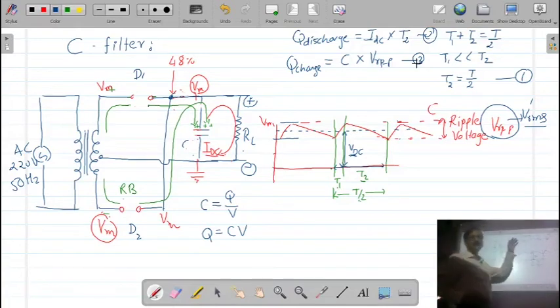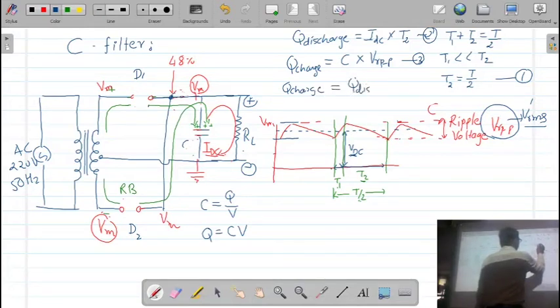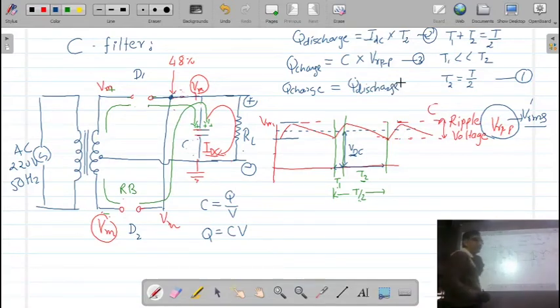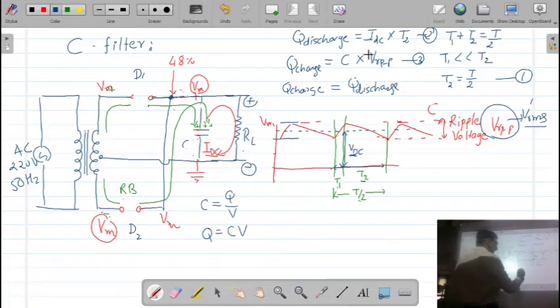Now according to the conservation law, whatever the charge is present on the plate of the capacitor, the same charge is going to be discharged. So we can write that the Q charge is always equal to Q discharge. Correct? It means now you can compare equation number 2 and 3.